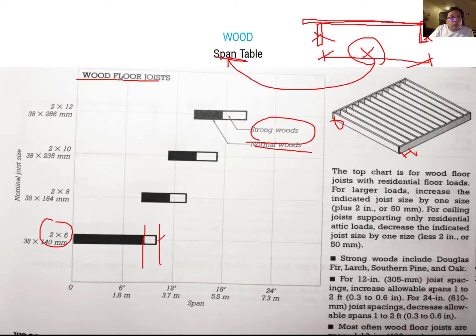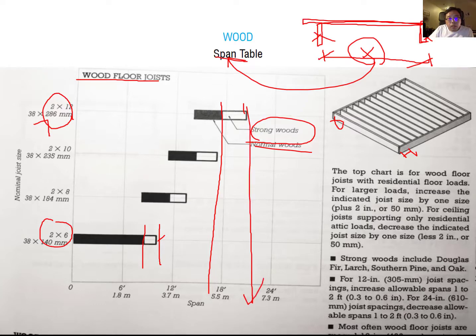So if you have a bigger, thicker joist, which is a 2x12, almost twice as big as 2x6, in this case you can reach up to around 16 to 17 feet when you're using the normal wood. But when you use the stronger wood, your timber span can reach up to around 22 feet.